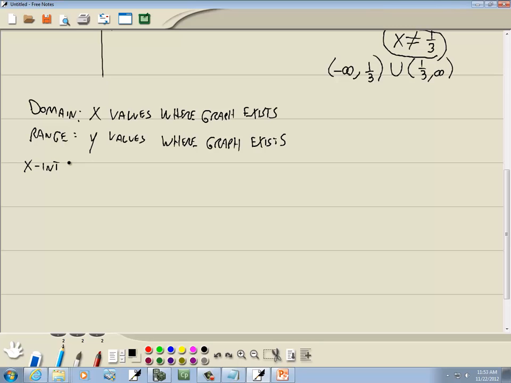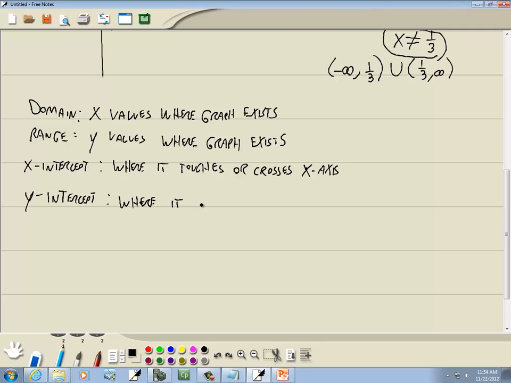Our x-intercept is where it touches or crosses the x-axis. And our y-intercept is where it touches or crosses the y-axis.